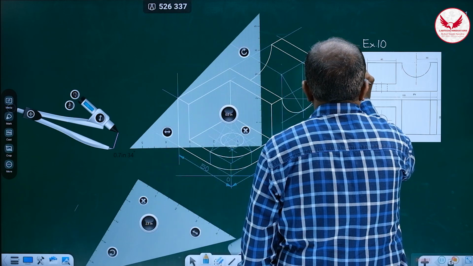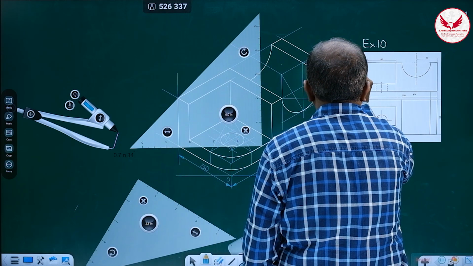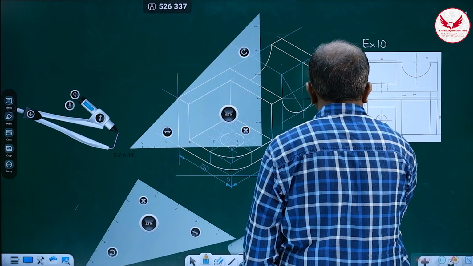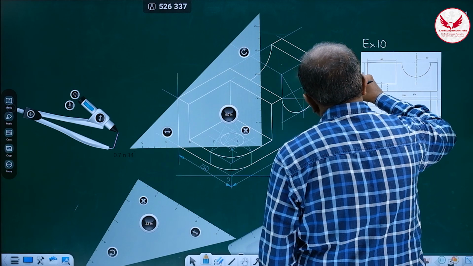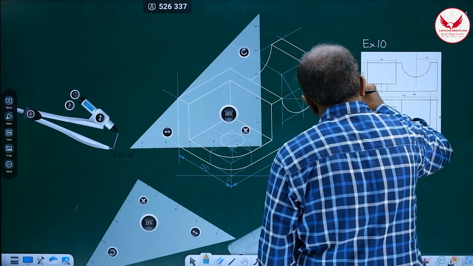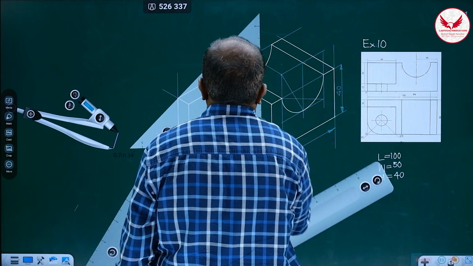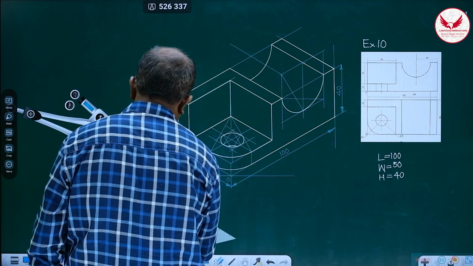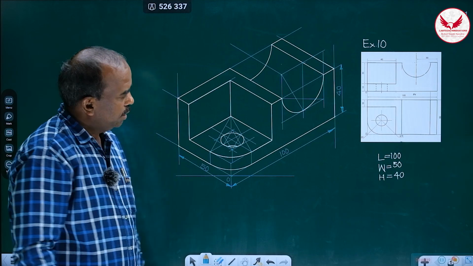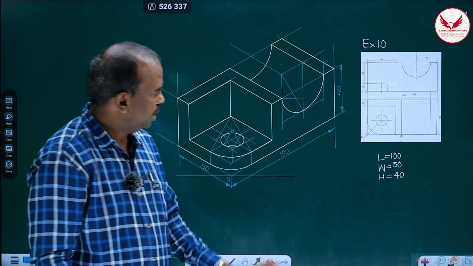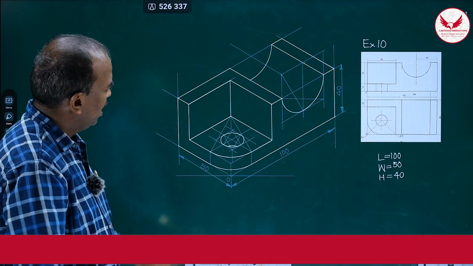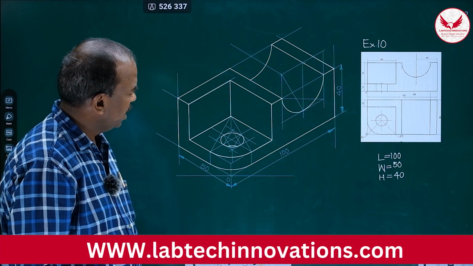Whenever a line is vertical, the dimension should be on the left hand side and parallel to the line. So it will be parallel to the line. So it is the isometric view of this given object, and if construction lines are very light you can leave them marked, but otherwise while drawing we can erase those.